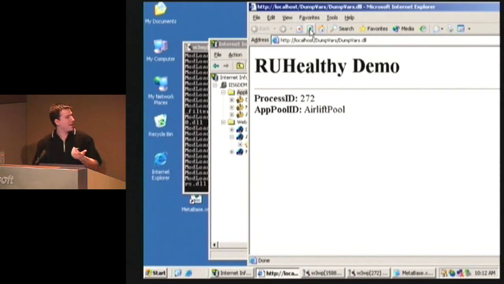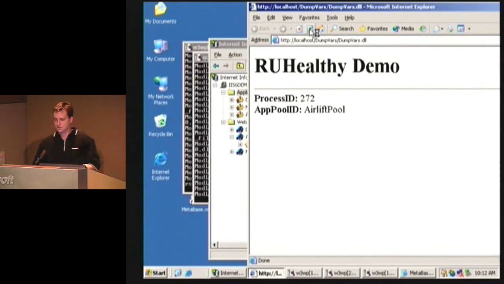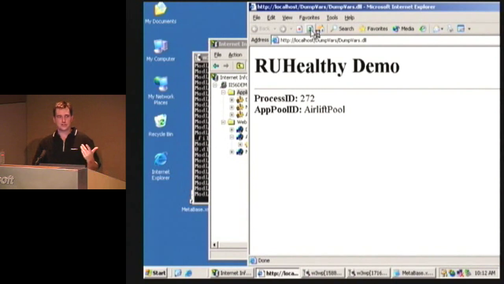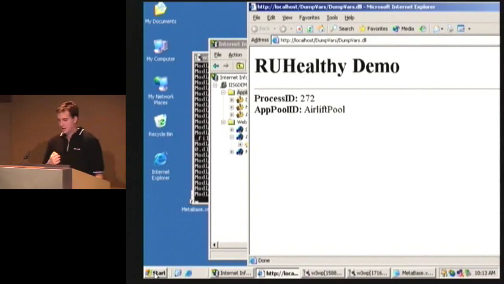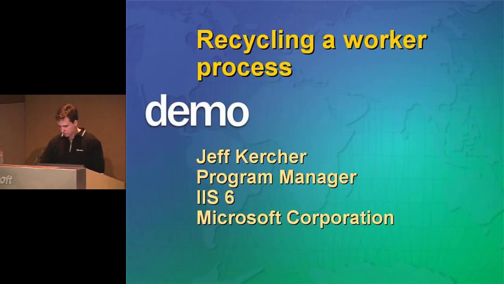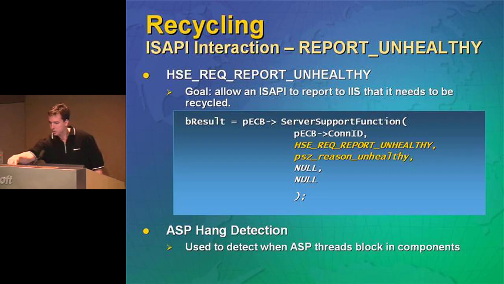As I refresh a page, for a brief instance you'll see two instances of the worker process running, and then one will terminate before the other one's done. In addition to this happening, there'll be a message in the event log that your application has been recycled.